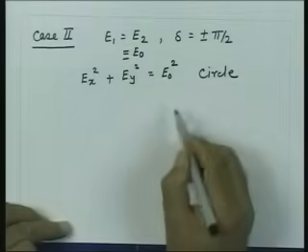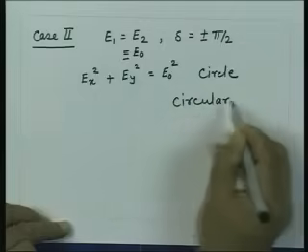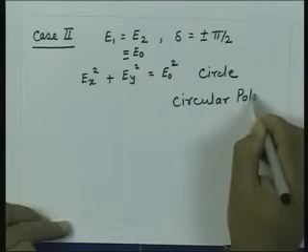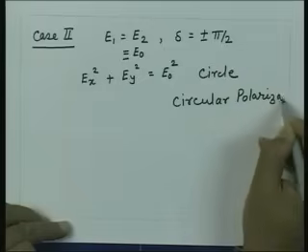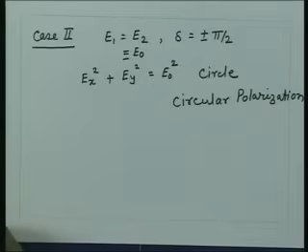So, in this condition we get a polarization what is called a circular polarization. That means the electric field vector draws the circle, that means the amplitude of the electric field remains constant as a function of time, only its orientation keeps on changing as a function of time. We can go back to our original figure and try to see how it draws circle as a function of time.